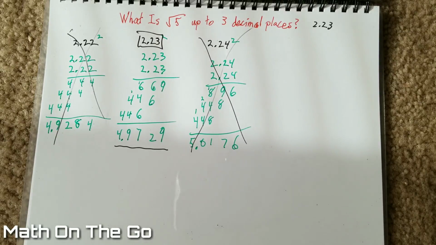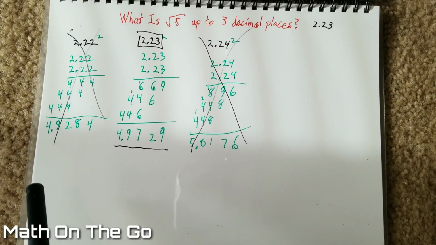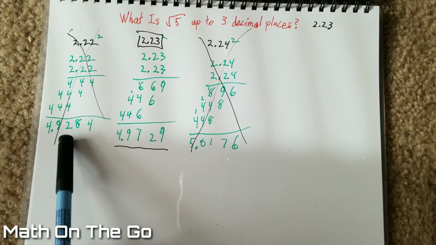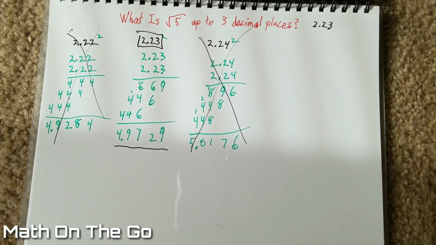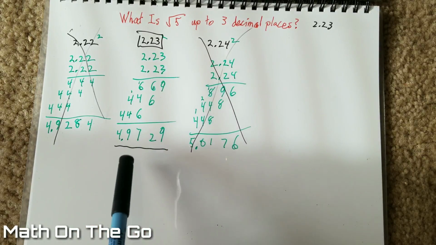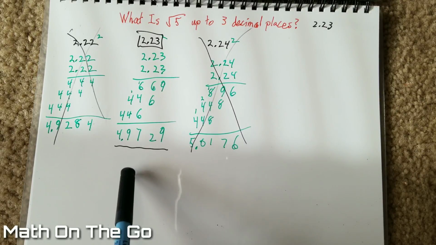high. Similarly, when we went to the hundredths place, we started at 2.22, which gave us 4.9284, and that 2 in the hundredths place was too low. So then we tried 2.23, which gave us 4.9729, also low, but again there was a change of 0.0445.